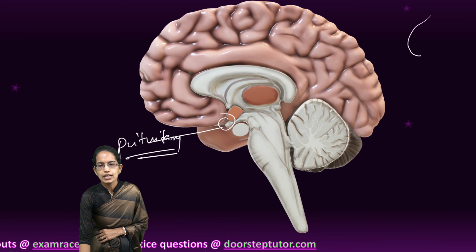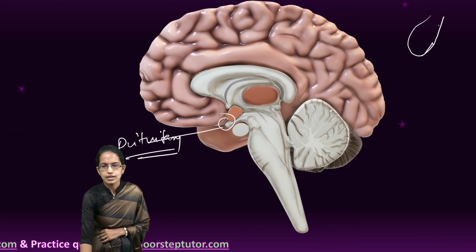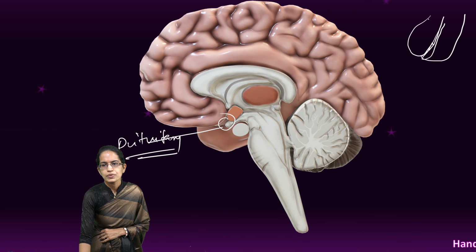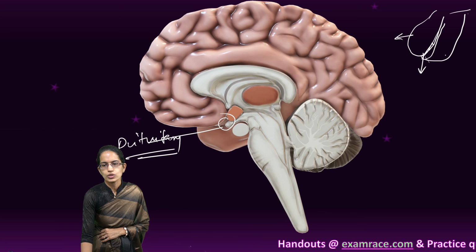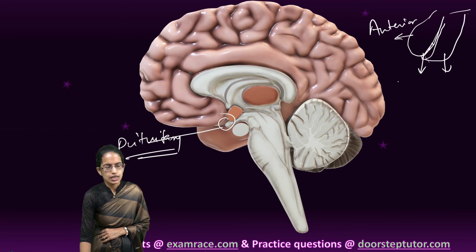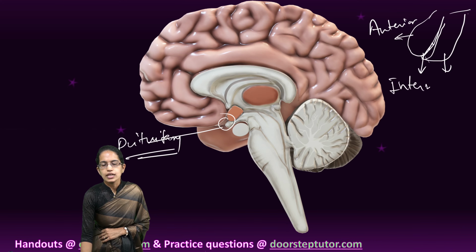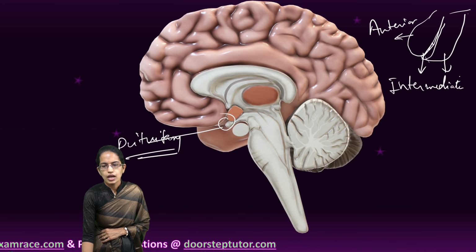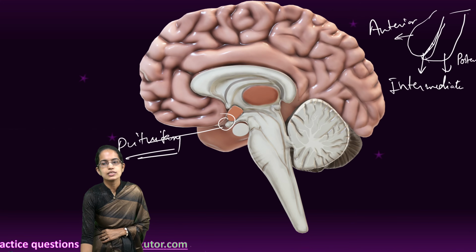Now let me elaborate it and create a bigger picture. This is the bigger picture of the same pituitary gland. As you can see, it has three structures. Those are the anterior pituitary, the anterior lobe, the intermediate lobe, and the posterior lobe. What is the difference?